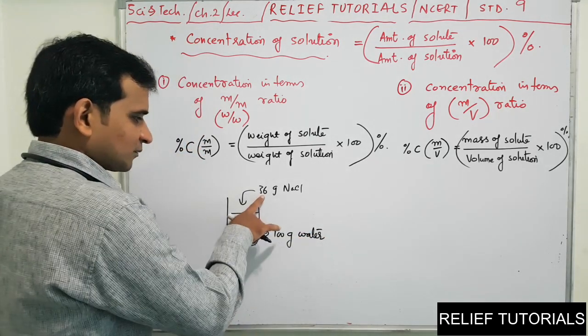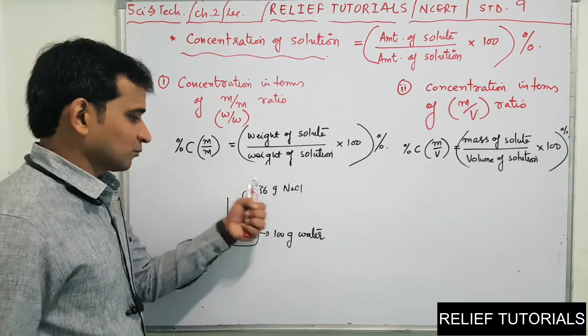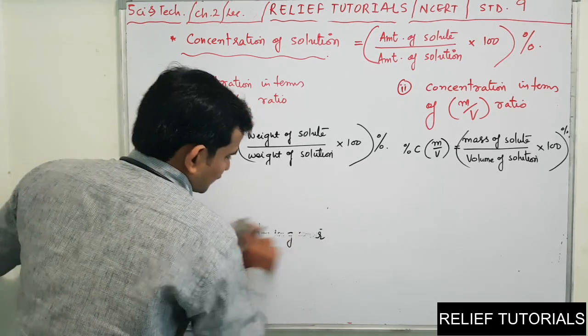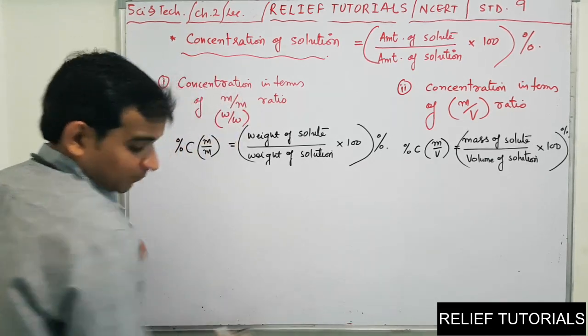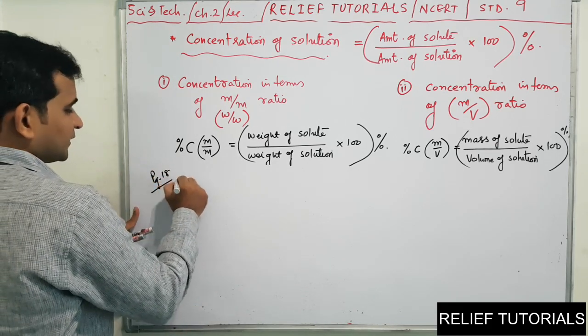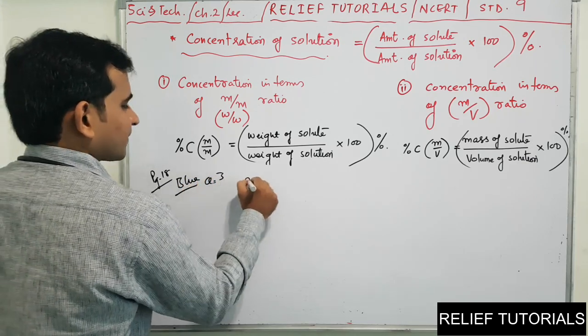Okay, so this is the mass of solute, this is mass of solvent. So the mass of solution will be sum of these two. So this is page number 18, blue, question number 3.